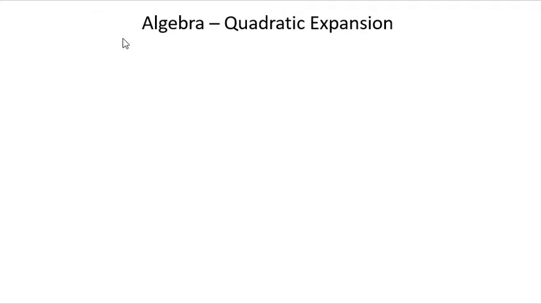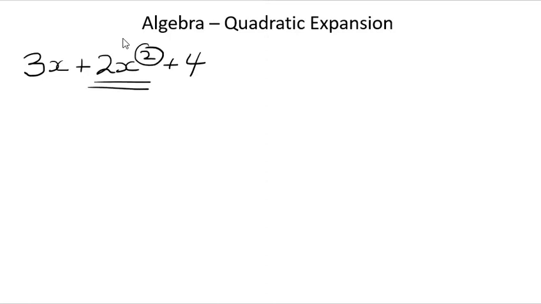Algebra, quadratic expansions. Well, we should begin by understanding what a quadratic expression is. Basically, a quadratic expression is simply the name given to any expression, a sentence in algebra, such as this: 3x plus 2x squared plus 4, in which the highest power of one of our terms is 2.